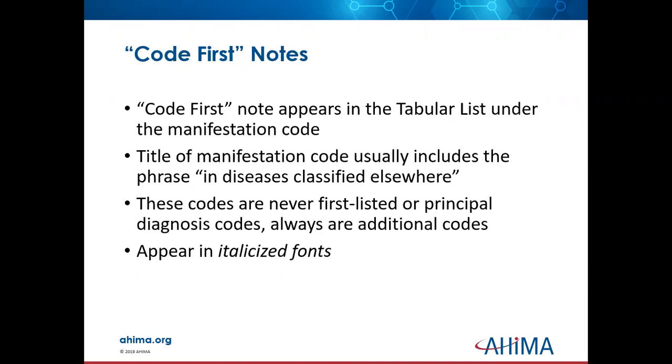Code first is telling us which one will be coded first, right? So if something follows the code first and it's italicized and includes the phrase "in diseases classified elsewhere," these are always additional codes. In other words, we follow the tabular and code first, we select that to be the first listed code.